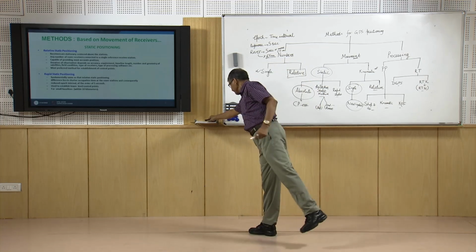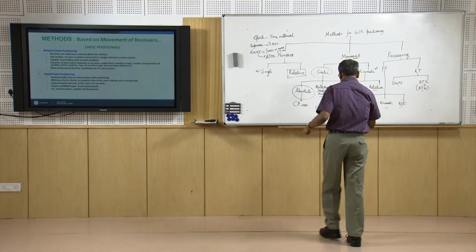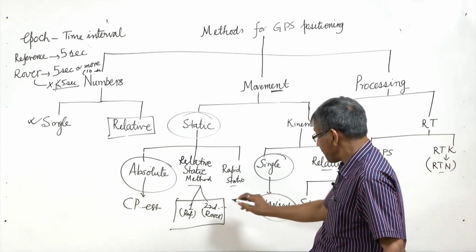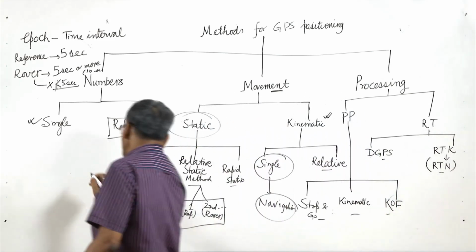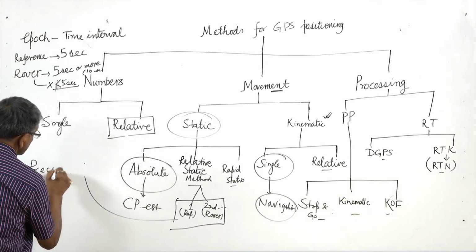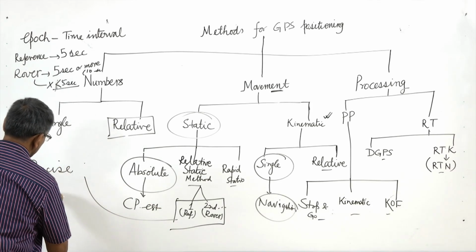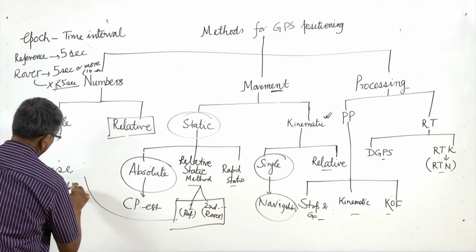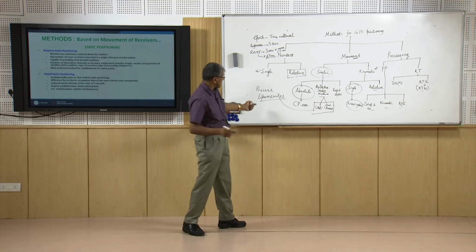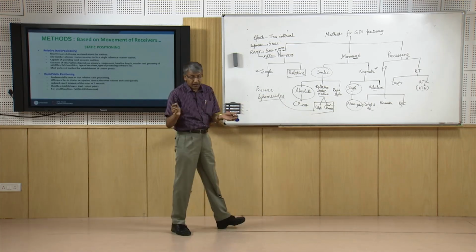For very accurate positioning we go for this, but in that case we should make use of precise ephemerides. Ephemerides is nothing but navigational data.